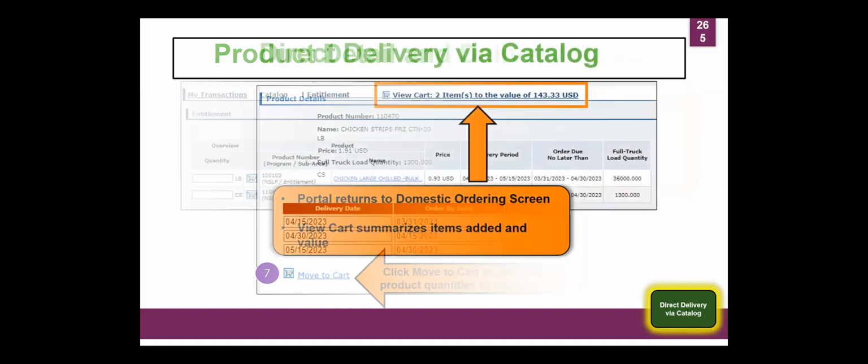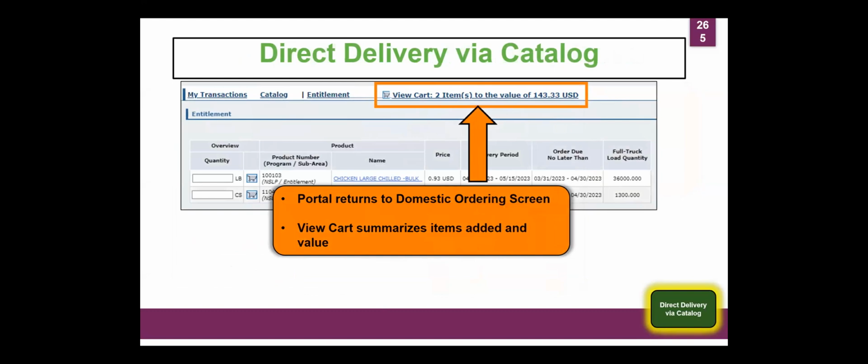After you've moved it to the cart, you'll see at the top of your screen, you'll see your cart total. So view cart, it populates, there's 2 items, and the value of those items.